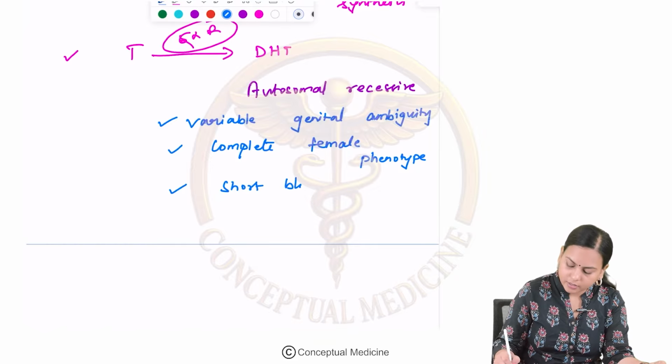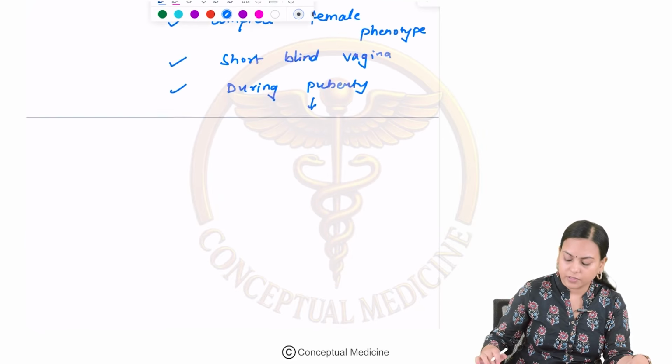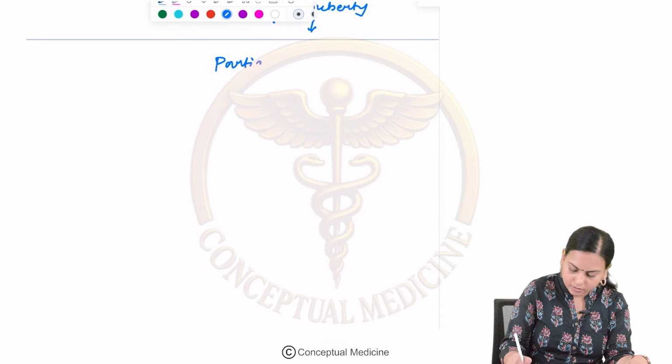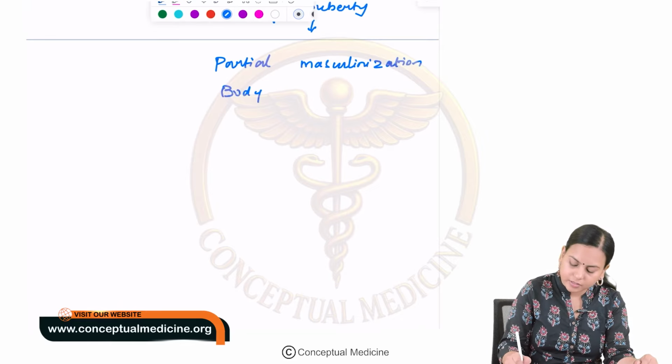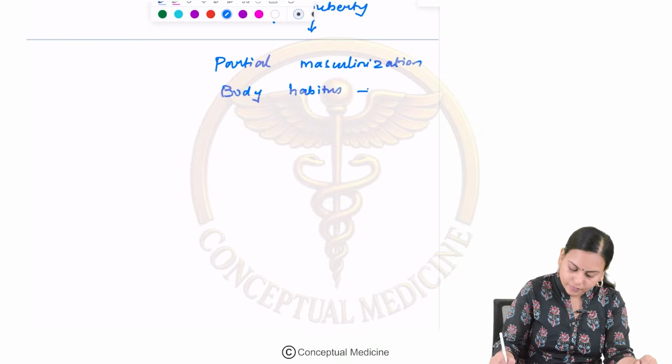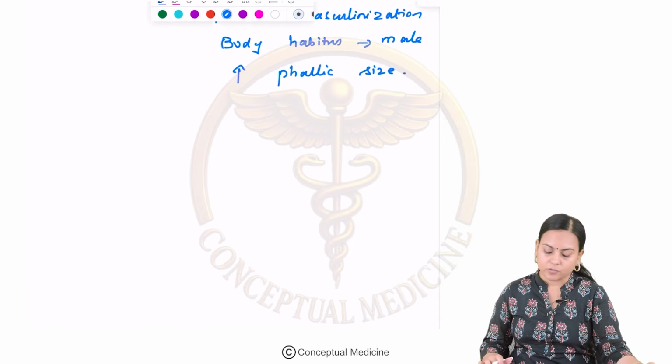They can have a short blind vagina, and during puberty they can present with features of partial masculinization or body habitus just like a male, and there can be increased phallic size also.